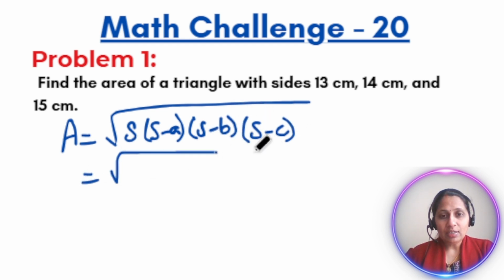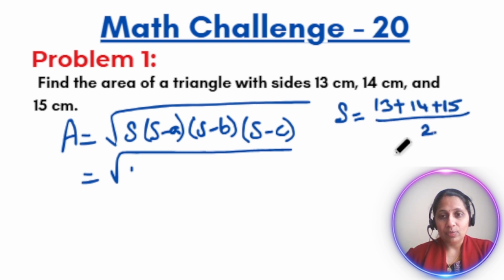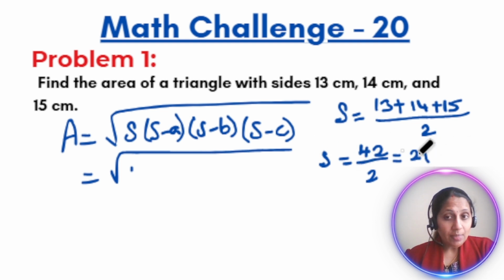First of all, you need to find s. So s equals (13 plus 14 plus 15) divided by 2, which is 42 by 2, which is 21. So your semi-perimeter is 21 centimeter.